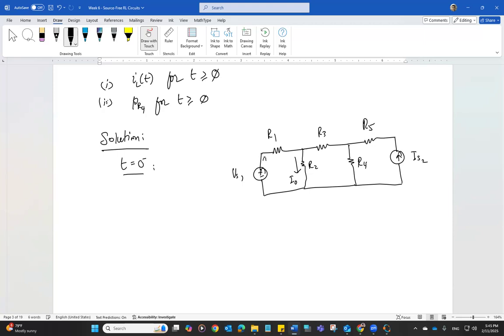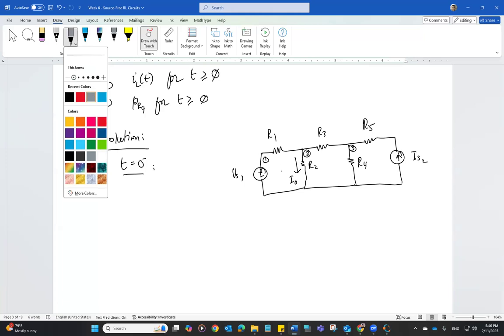If we call this loop 1, loop 2, and loop 3, loop 3 has already current IS2. And you can apply KVL in loop 1 and loop 2 to find the current I naught, which will be either the sum of the currents in loop 1 and loop 2 or the difference, based on the direction that you are taking. So that's one thing that we can do. Perhaps we can just do that.